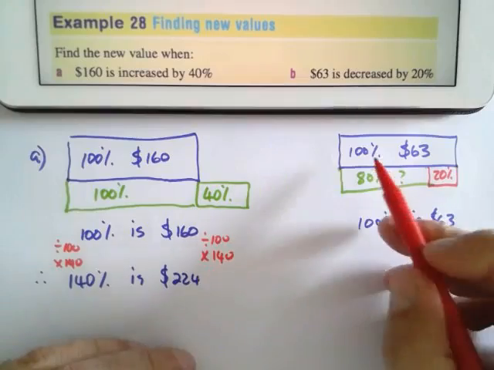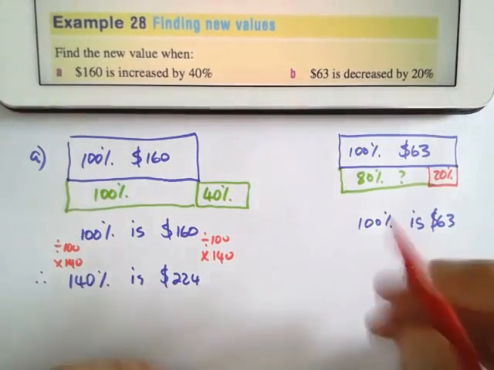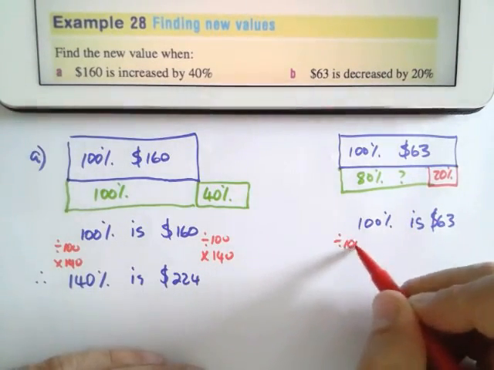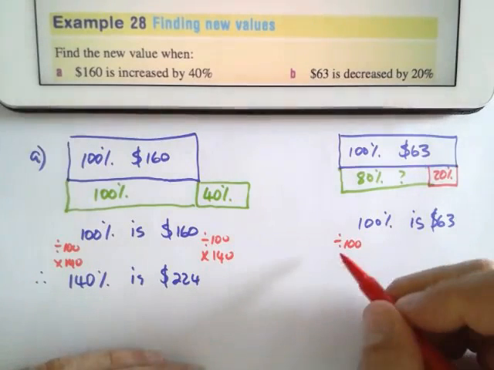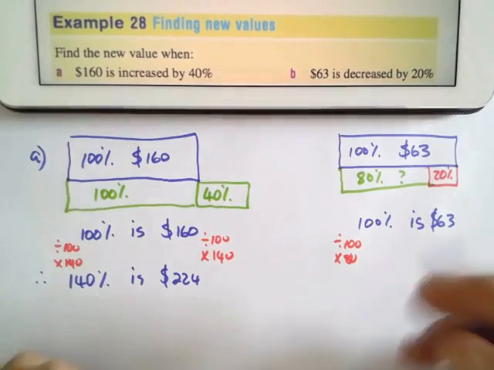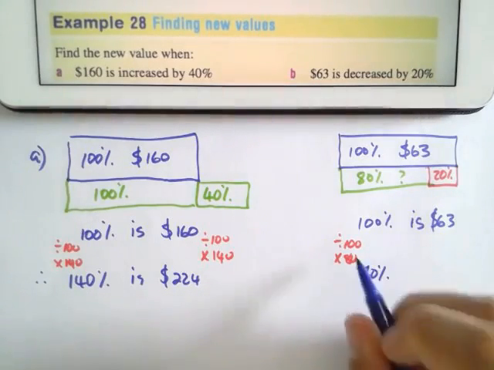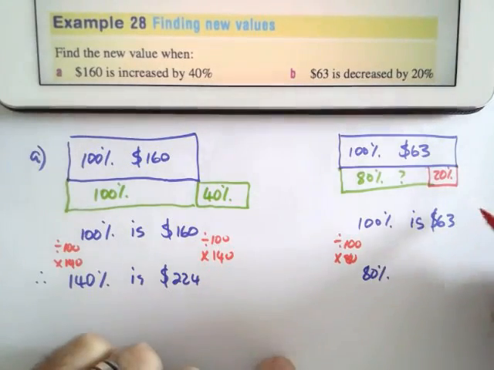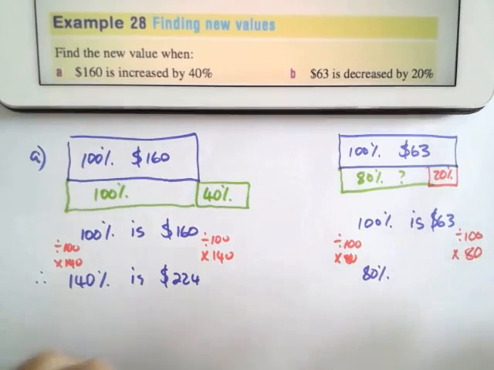I want to go from 100% to 80%. So I'm going to divide by 100 to take it to 1%, and then I'm going to multiply by 80 to take it to 80%. So what is 80% then? What I do on this side, I'm also going to do on the other side. So I'm going to divide by 100, and I'm going to multiply by 80.